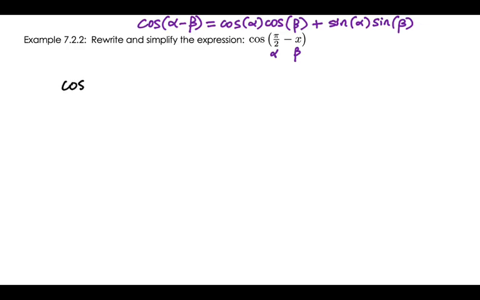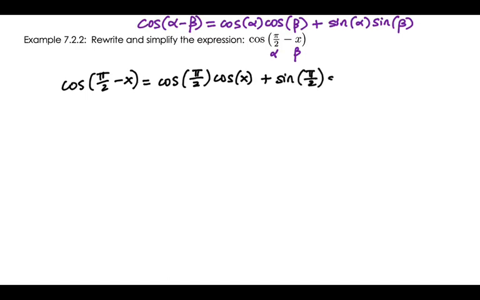Cosine pi over 2 minus x is cosine alpha cosine x plus sine alpha sine x. All right, so this time we're finding something.